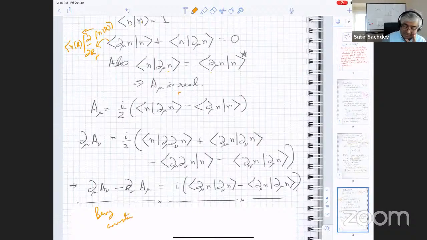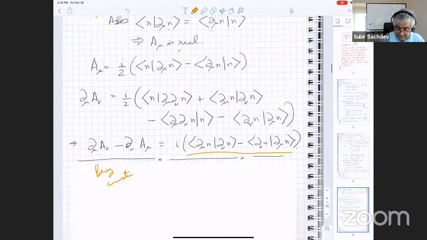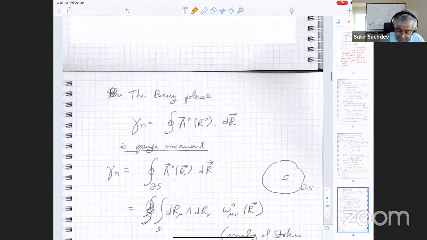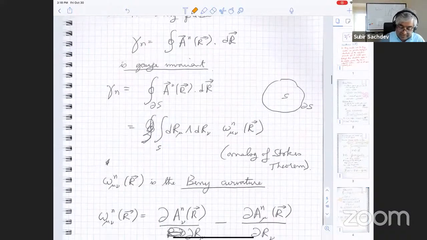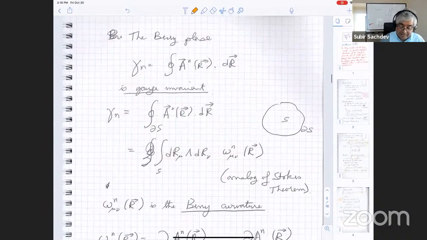Just work it out with the chain rule, and this term with two derivatives cancels with that, and this is it. So this is the answer. It's d mu n overlap d nu n minus d nu n d mu n. So that's the very important result here, and here's stated or written out more explicitly.